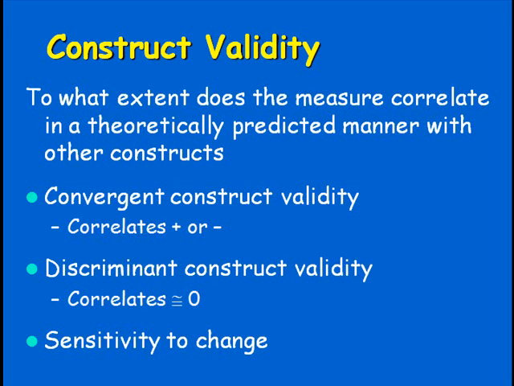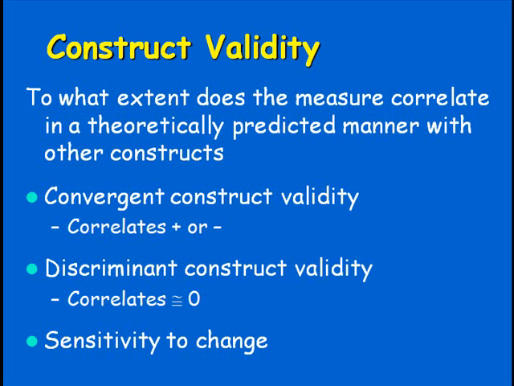Now we're going to look at the relationship between depression and anxiety, and we find that there's a high correlation. Then we look at the relationship between depression and self-esteem, and we find a negative high relationship, a negative 0.62.